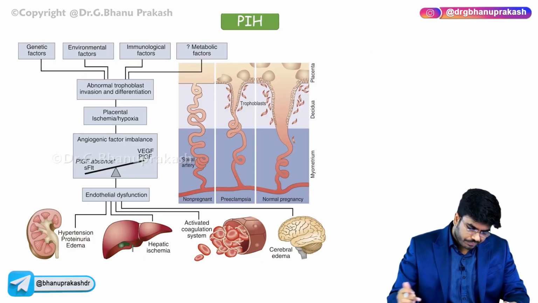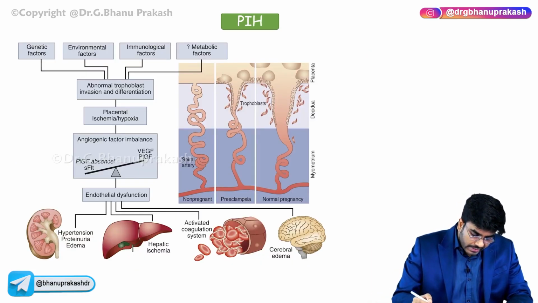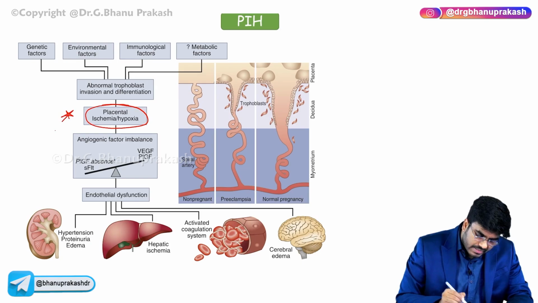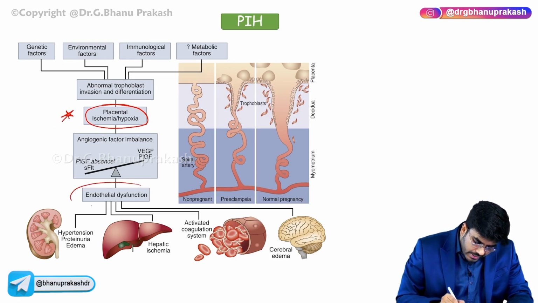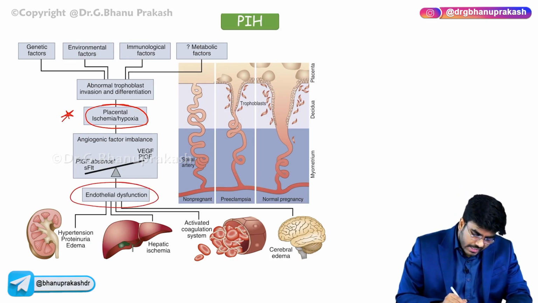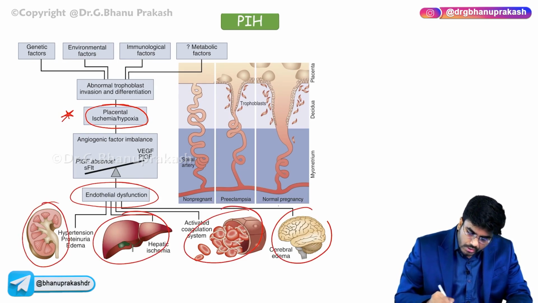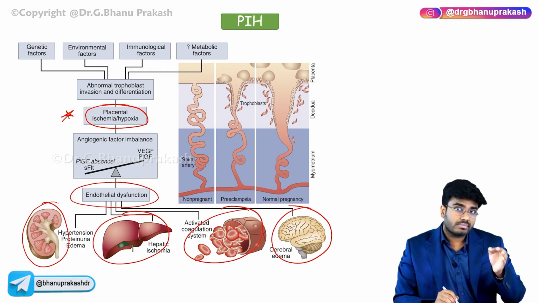Very important MCQ. Here also you can clearly see that it's all the placental ischemia. Start from here. It's placental ischemia which ultimately leads to endothelial dysfunction. It's the endothelial dysfunction which causes the multi-organ failure. That's the take home point.